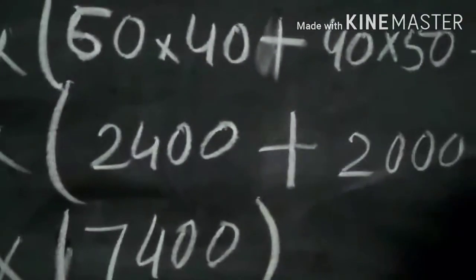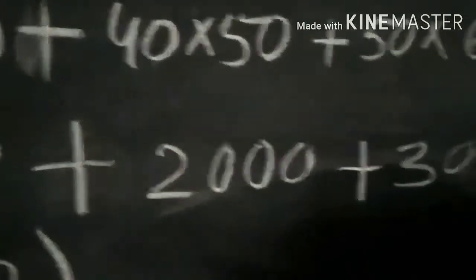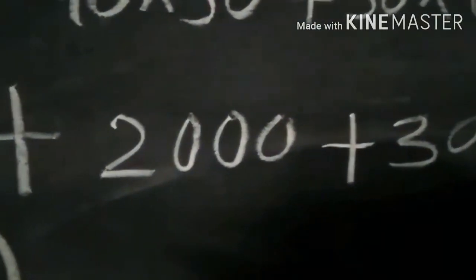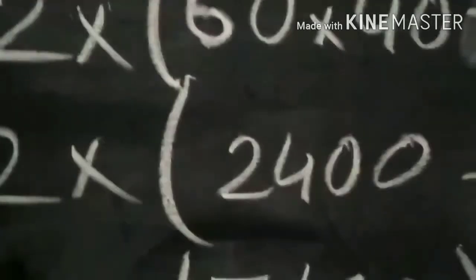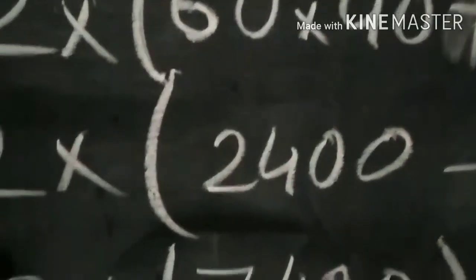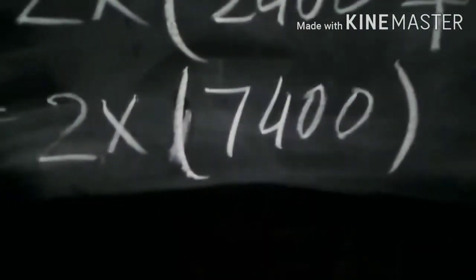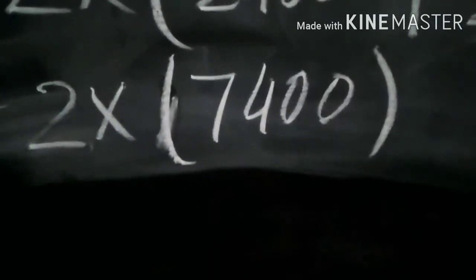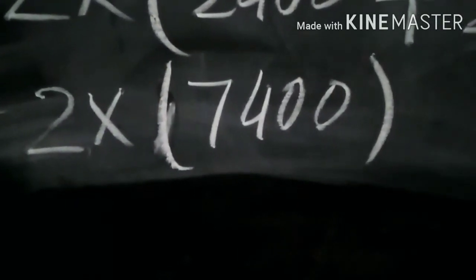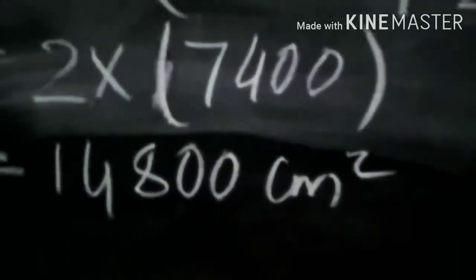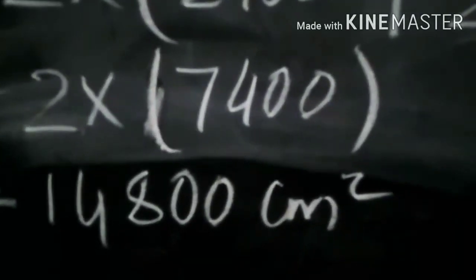So adding 2400 plus 2000 plus 3000: 3000 plus 2000 is 5000 and 5000 plus 2400 is 7400. 7400 into 2 will give you the total surface area of this cuboidal box, that is 14800 centimeter square.